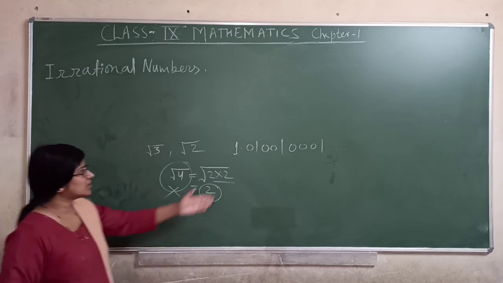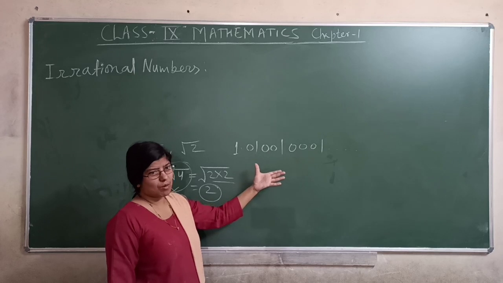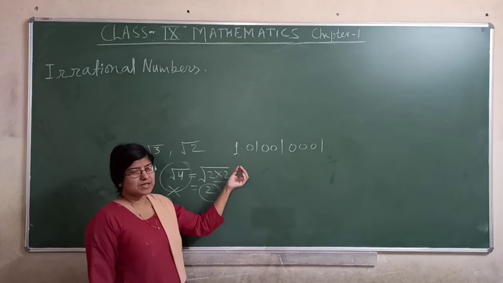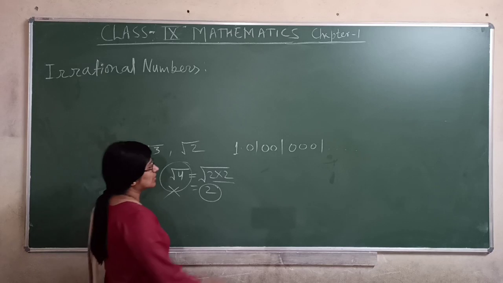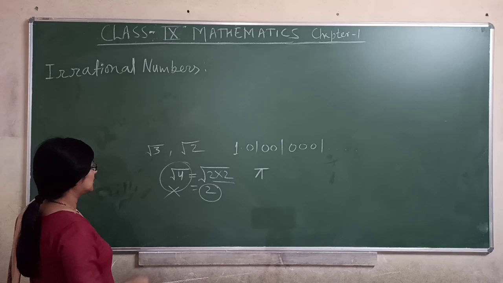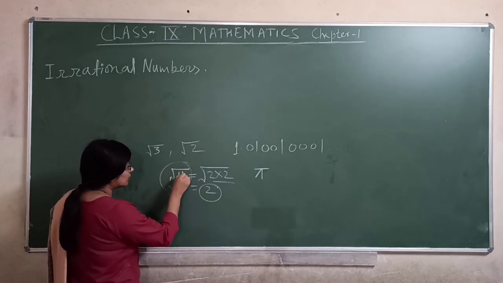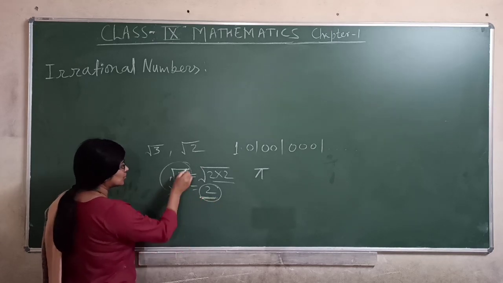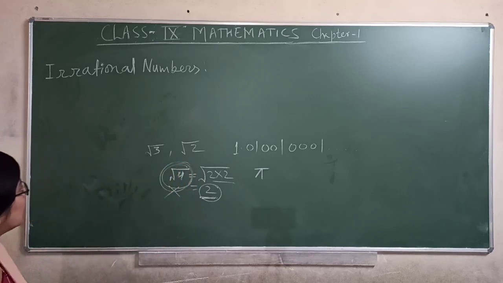Roots and cube roots, in non-terminating, non-repeating decimal form, are irrational numbers. Pi is also an irrational number. But where you can calculate it, suppose root 4, if you find its square root you will get 2, so root 4 is not an irrational number.